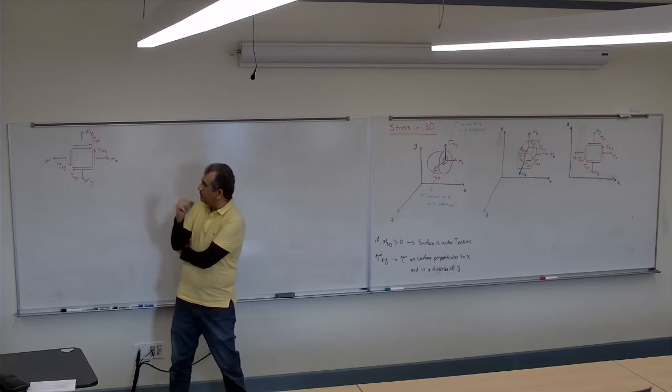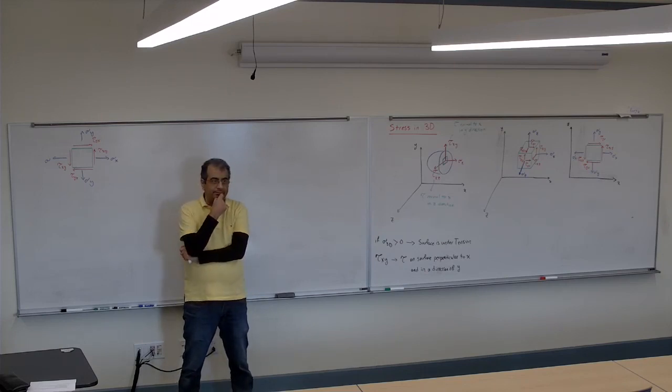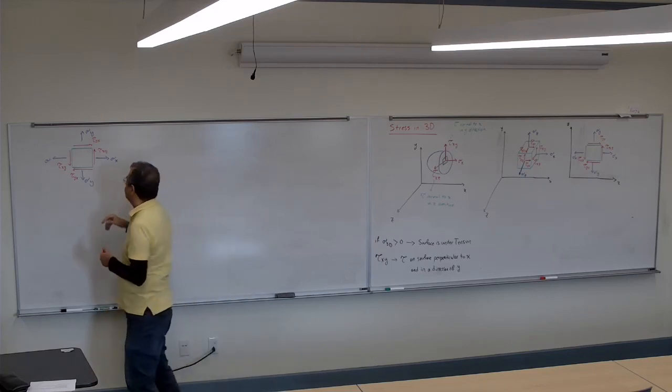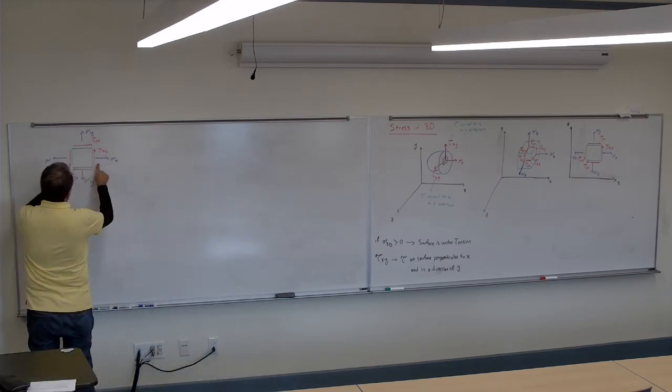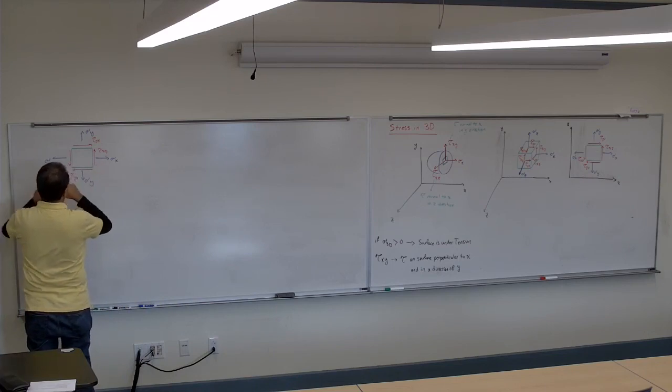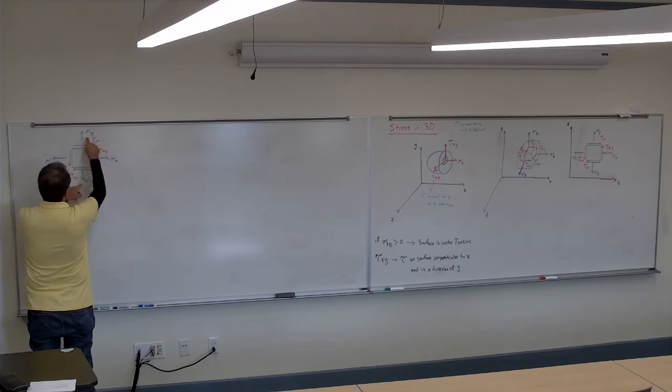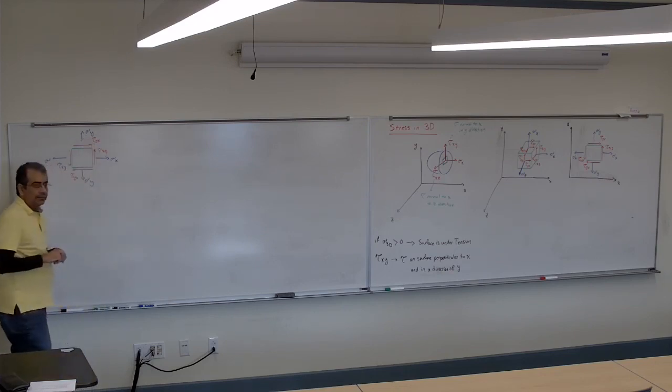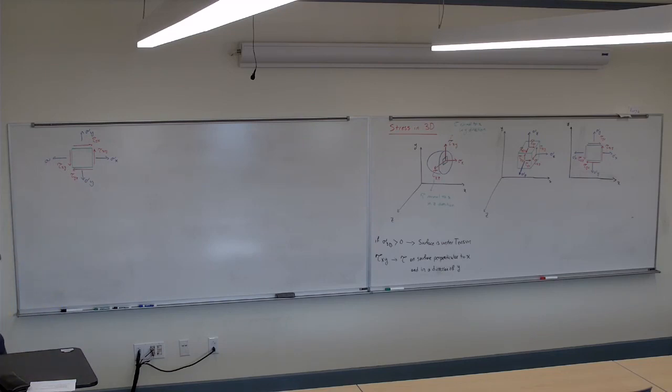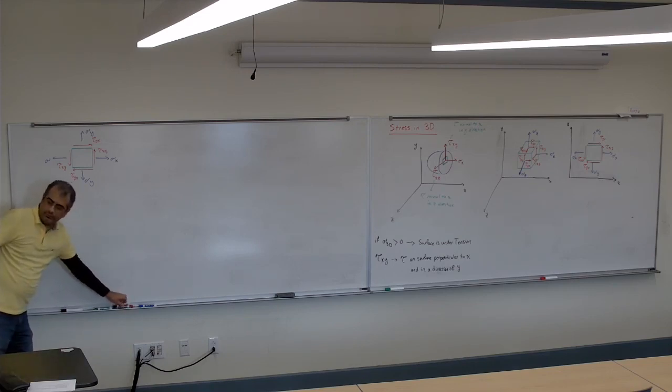So under what condition does it not spin? In the x and y direction, if I say these two should be equal, so tau xy and tau xy should be equal, tau yx and tau yx should be equal, does it guarantee that it does not rotate? Well, no, because the way your arrows are set up, if the xy taus were equal, it would rotate anyway. The xy tau and the yx tau would have to be equal to cancel each other out.